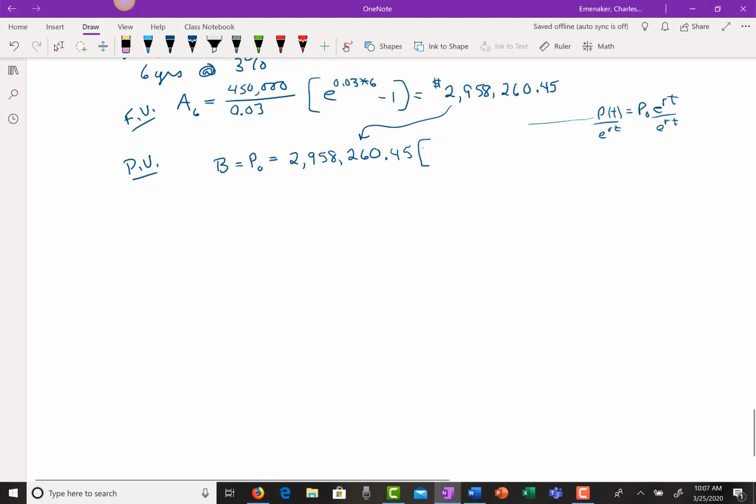That future amount is what we computed there, times e raised to the negative 0.03 times 6. Negative because we're dividing by that amount. When we compute this on the calculator, and I would suggest as always to do the e first, multiply the 2.958 million times that. What that gives you then is a present value of $2,740,946.83.